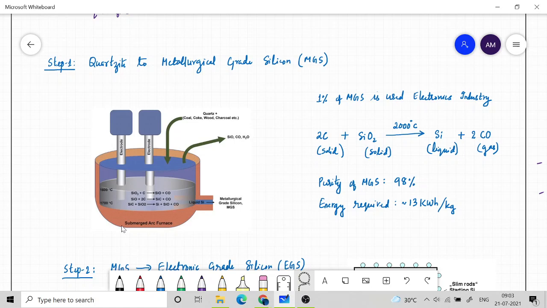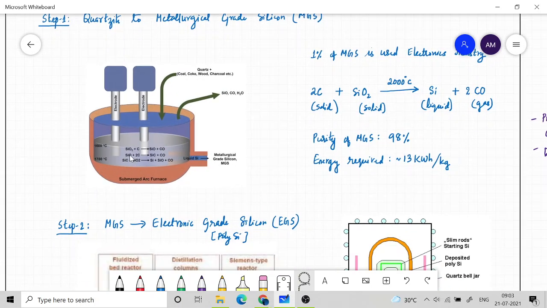Ultimately, there are many steps involved in the reaction. If you can see here, first silicon dioxide is combined with carbon to give you SiO, silicon monoxide, plus carbon monoxide. Then silicon monoxide reacts again with carbon to produce silicon carbide and carbon monoxide.